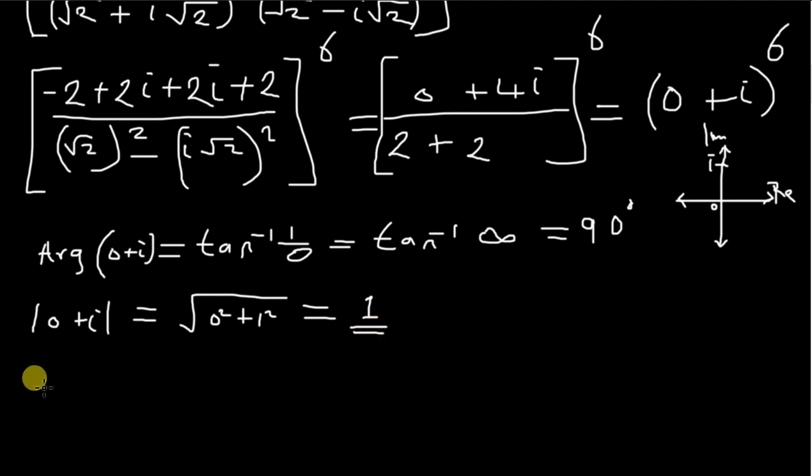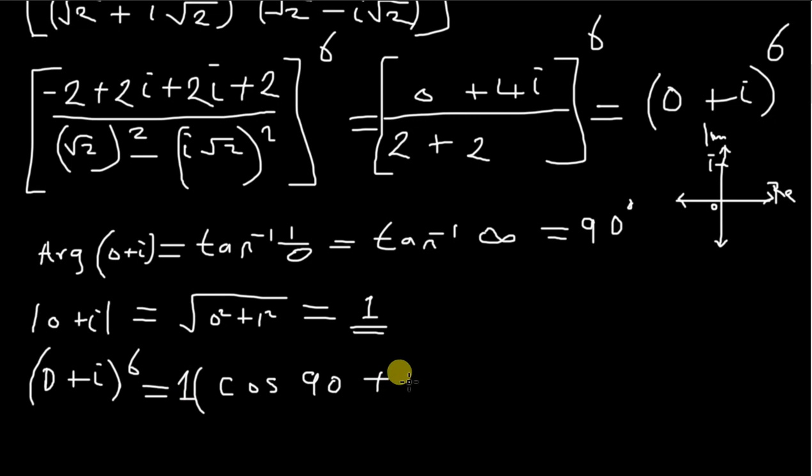So now we can write the complex number 0 plus i to the power 6 to be equal to 1 times cos 90 plus i sin 90, raised to the power 6.